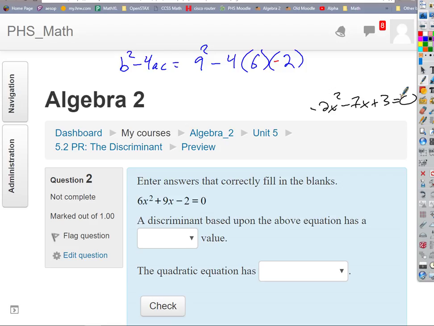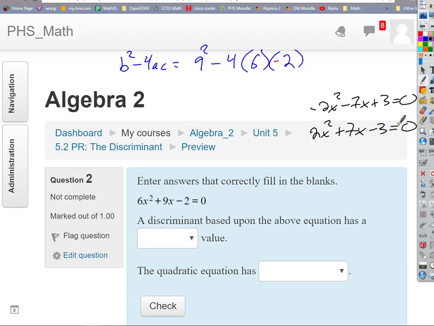What would we do? Divide by negative 1, or multiply by negative 1, because we want this to be positive. So we would effectively change all the signs. If we multiply both sides by negative 1, we'd get 2x squared plus 7x minus 3 equals 0.